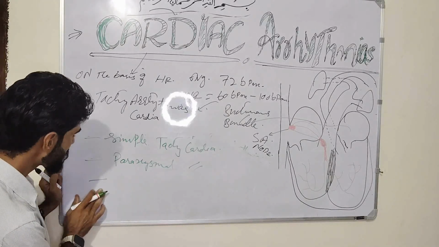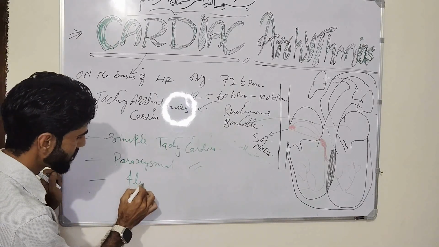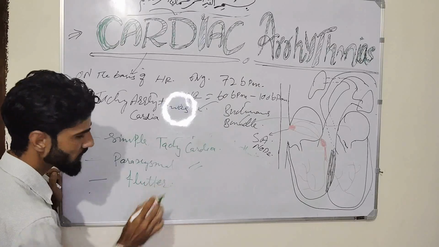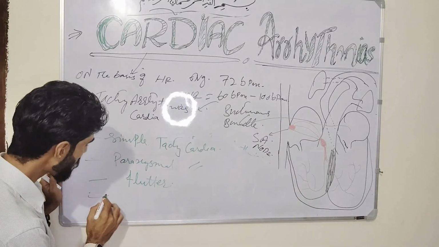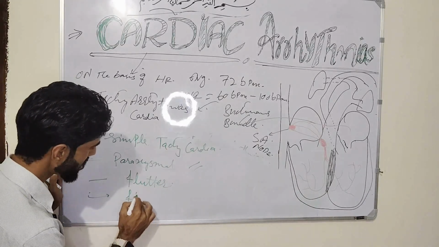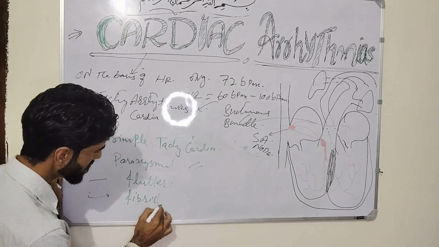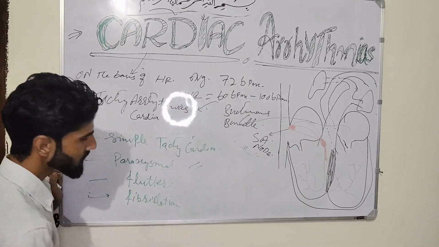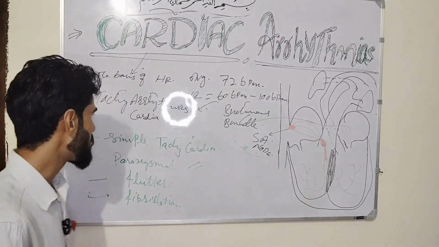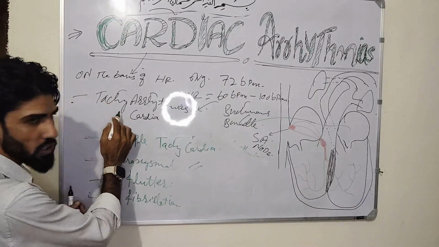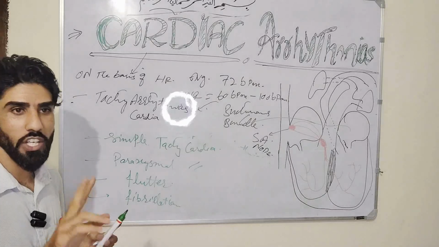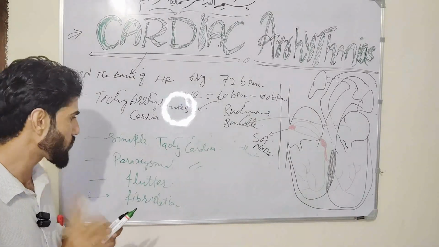The third one is flutter, and the fourth one is fibrillation. So tachyarrhythmias are classified into four groups.